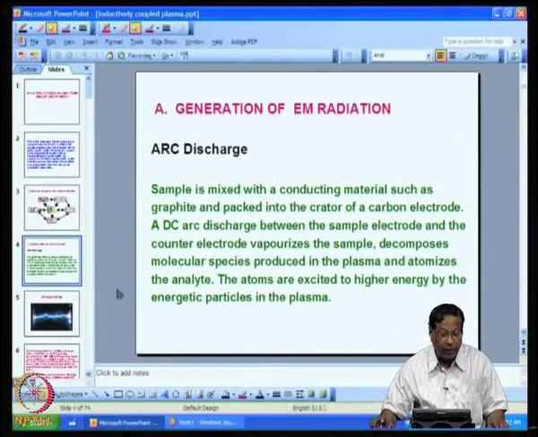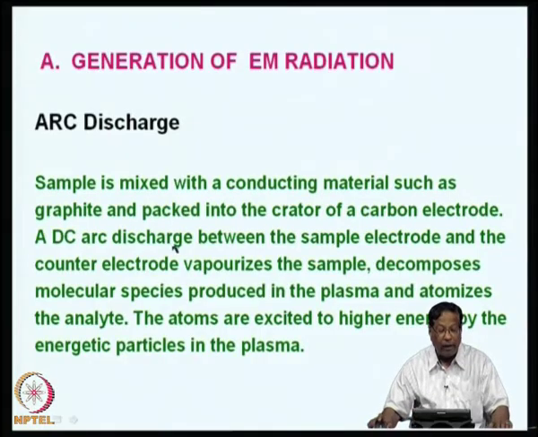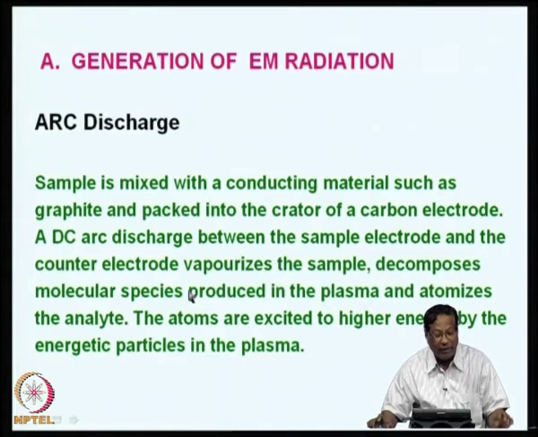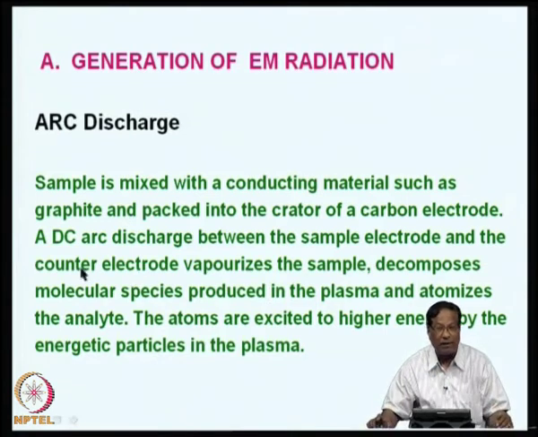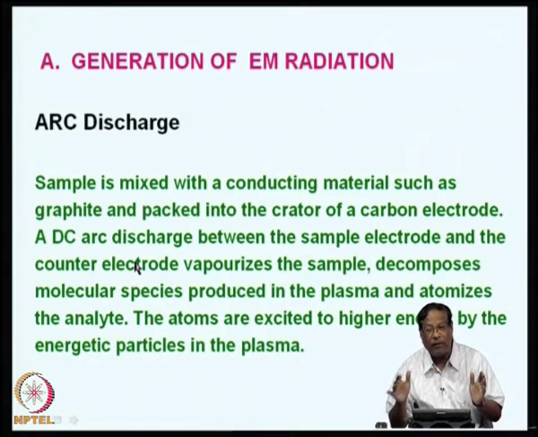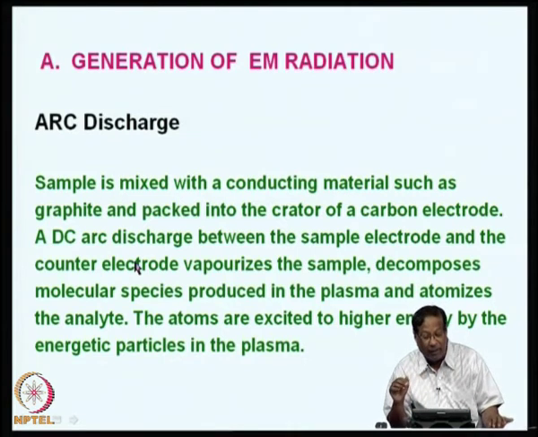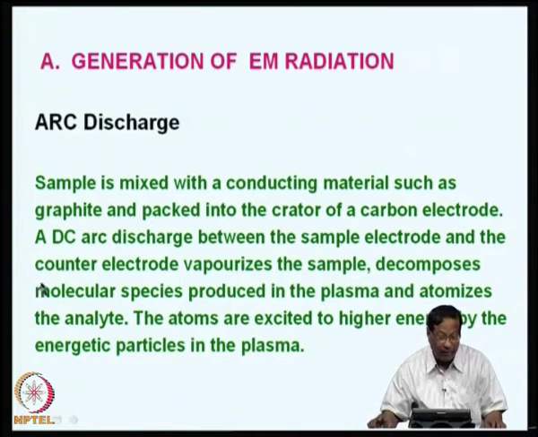What I want you to see is the DC arc discharge between the sample electrode and counter electrode vaporizes the sample, especially when an arc is struck, and this arc has a very high temperature, and it vaporizes the sample and emission spectra is generated.